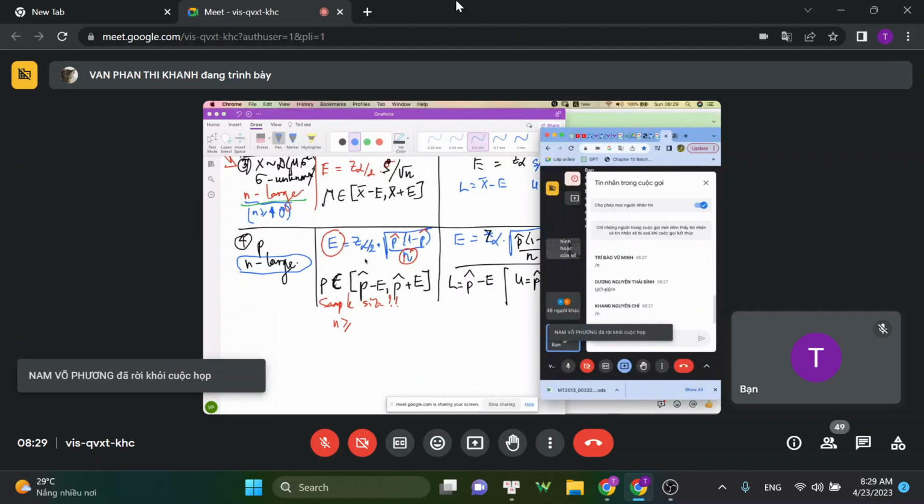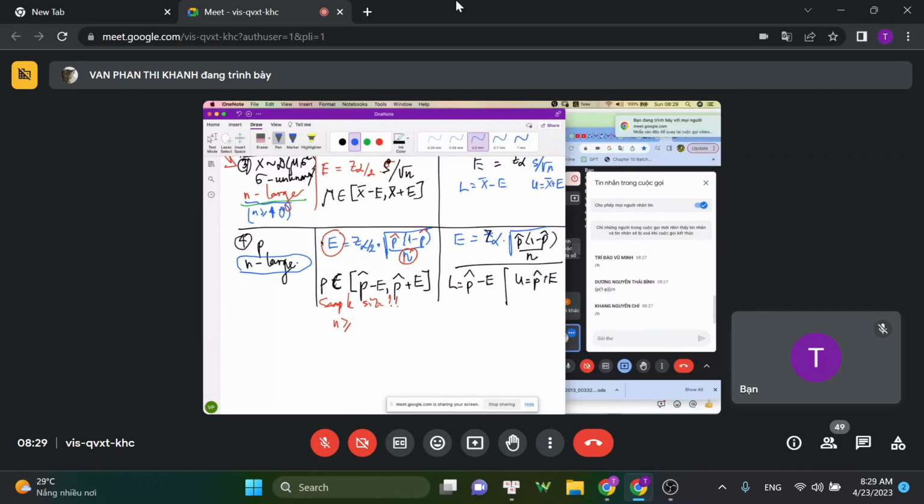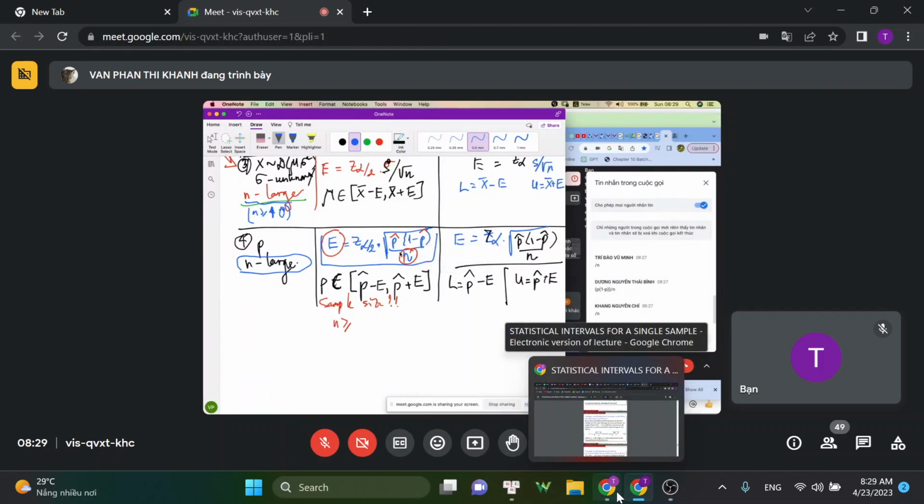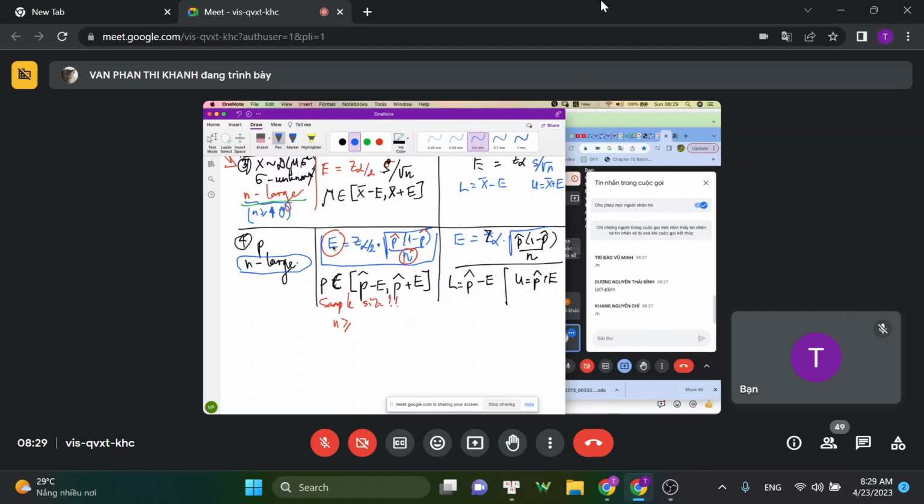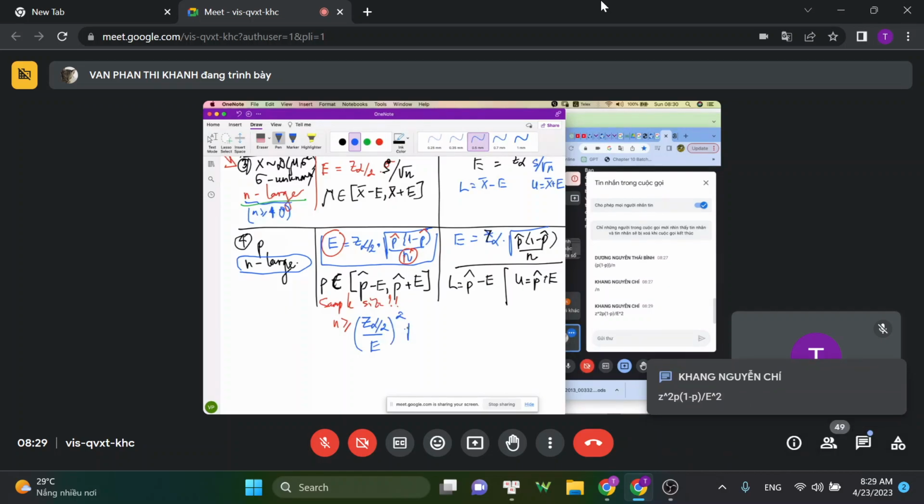It will be Z alpha over 2 over E, total squared, times p hat times 1 minus p hat. That's right. And you have to round up.